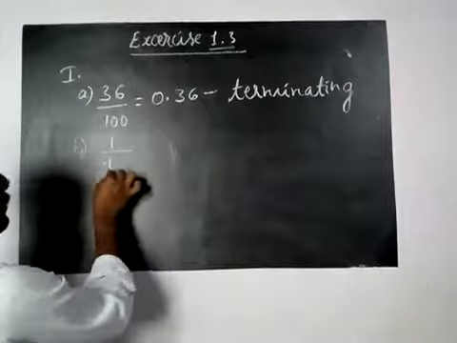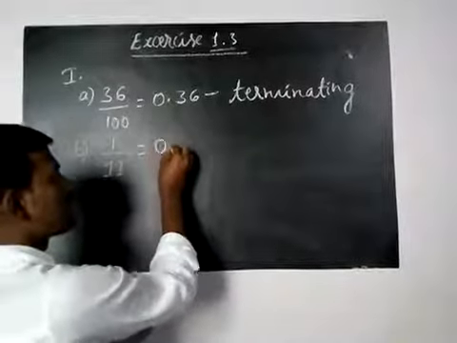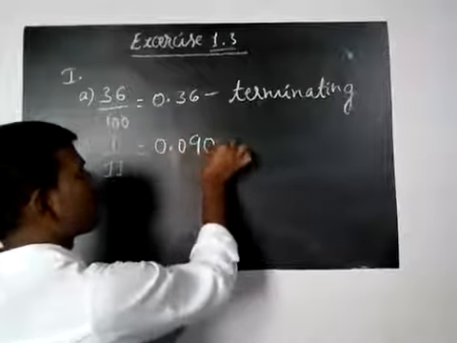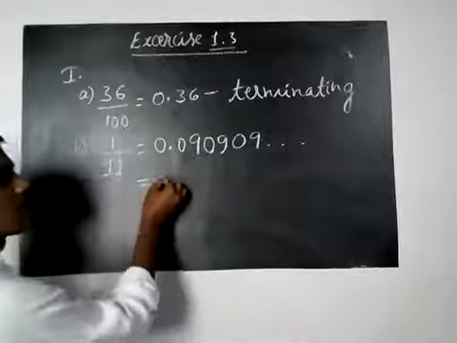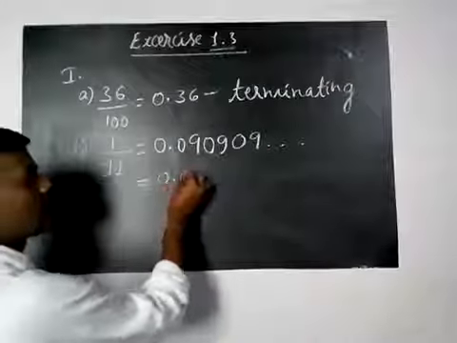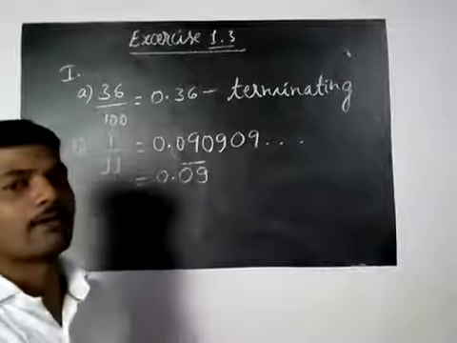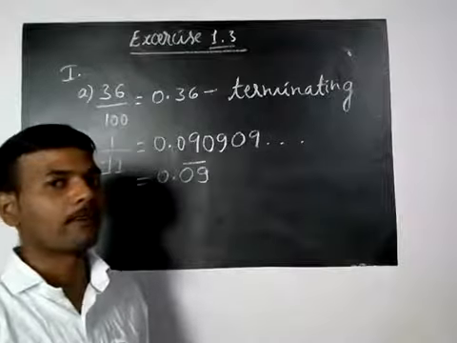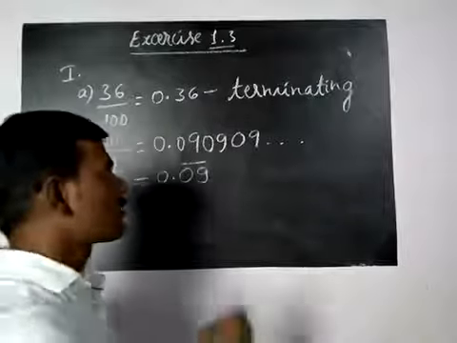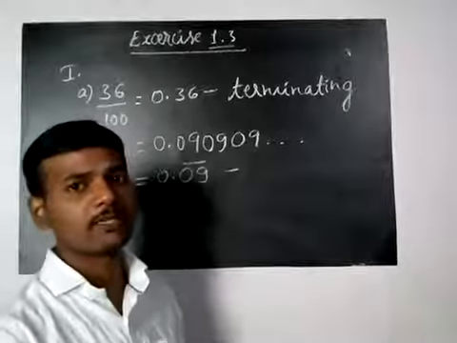Let me take one more example, 1 by 11. We'll have the decimal expansion 0.090909, and it is continuous. It can be written as 0.09 bar, because these two digits are repeated. What kind of decimal expansion is it?